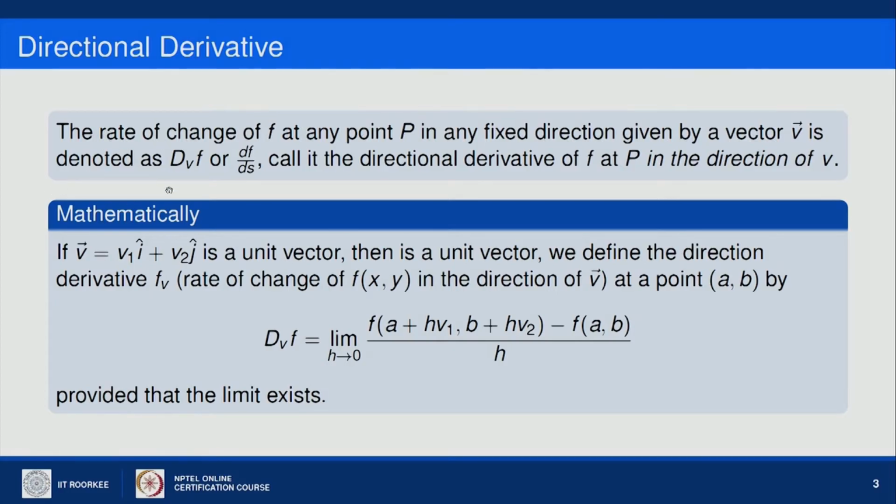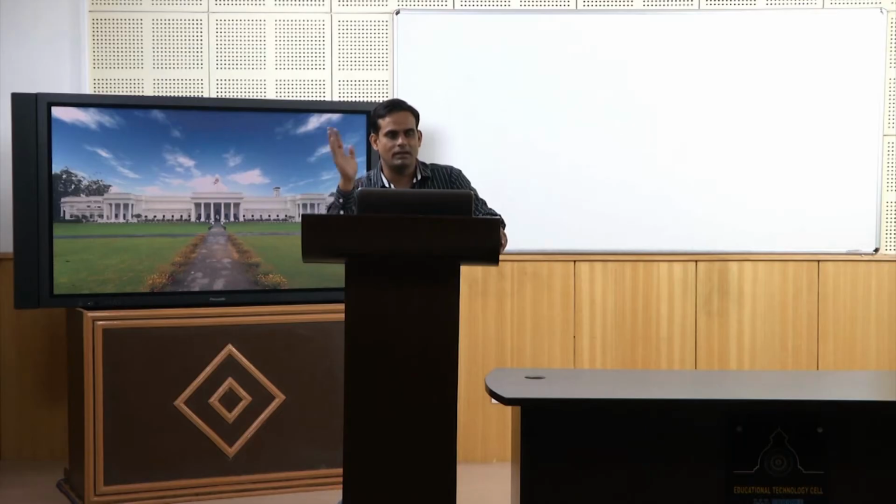I will denote it as capital D with v in the subscript, D_v f, or df over ds. This means the directional derivative of f at a point p in the direction of vector v. So the directional derivative of a function in the direction of a given vector is the rate of change of that particular function in that direction.